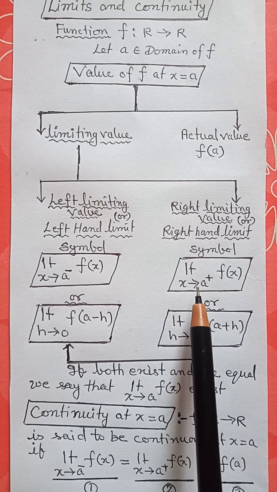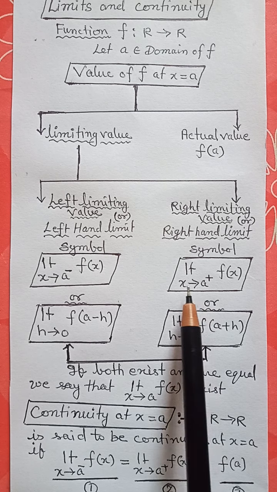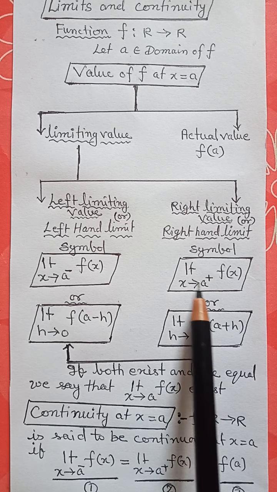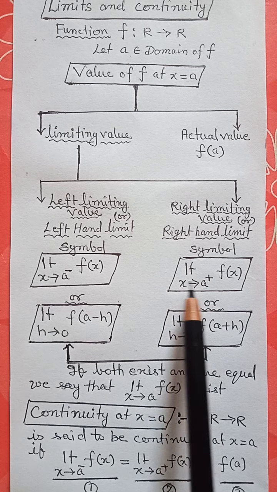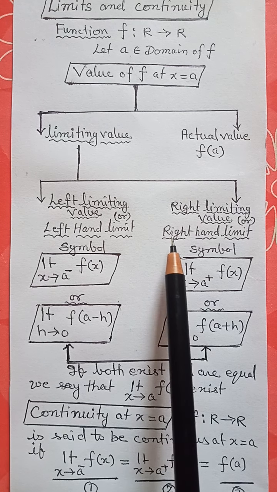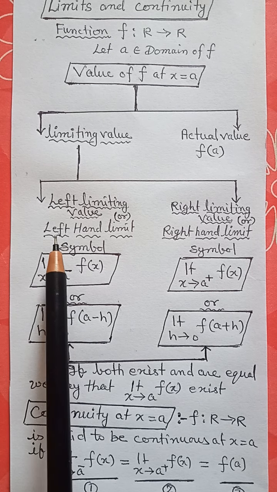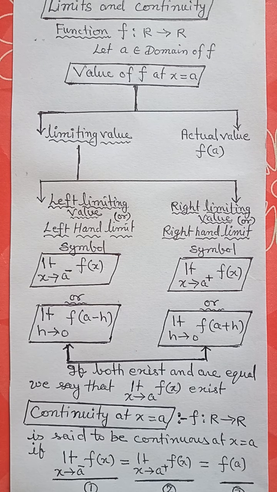Here x approaches a by being greater than a. So here the tendency of the limit is right hand tendency. That is why we say this is a right hand limit. Similarly, here we say left hand limit.